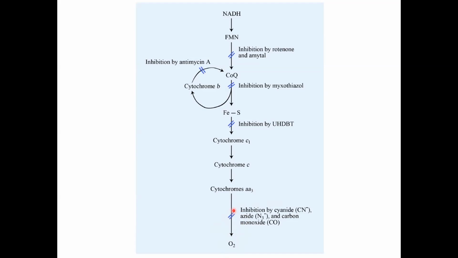And when this happens, like I said, when this is being prevented, the electrons are getting backed up. So basically there is no ATP production. Well, okay, there's no oxygen, so it backs up the protons.